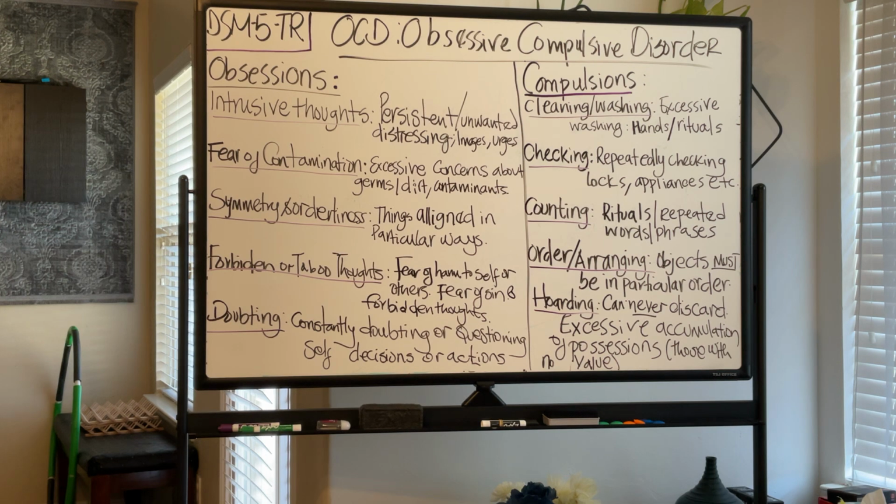And the other symptom is ordering and arranging. This involves needing objects to be arranged in a particular order or pattern, like an obsession with symmetry and orderliness. This patient may feel compelled to arrange their closet by color, or line up objects on their desk perfectly, becoming distressed if anything is out of place.